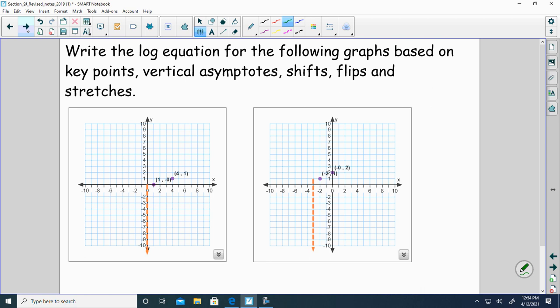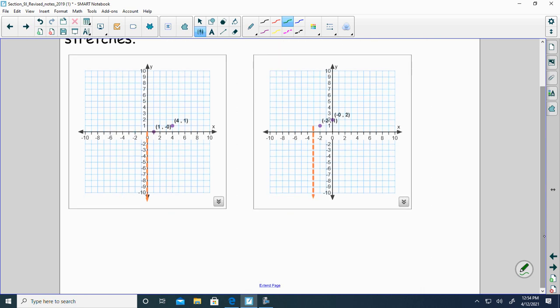Okay. Write the exponential equation based on what we know. Okay. Write the log equation. Log base a of b plus h comma k.